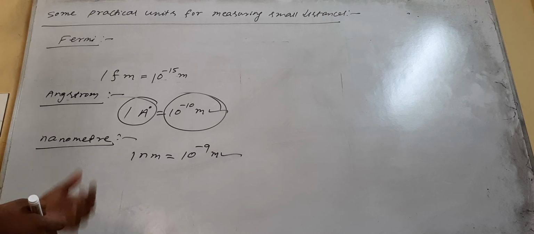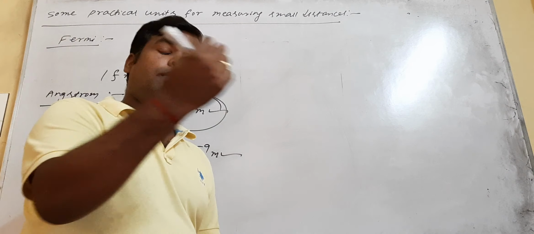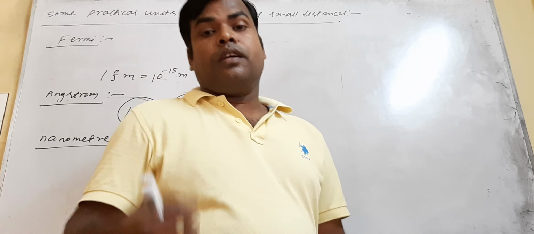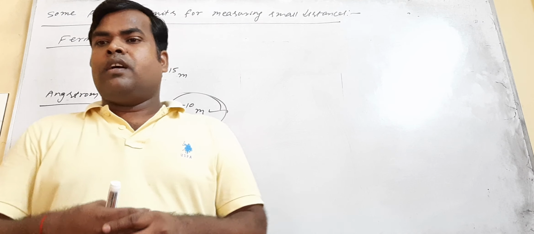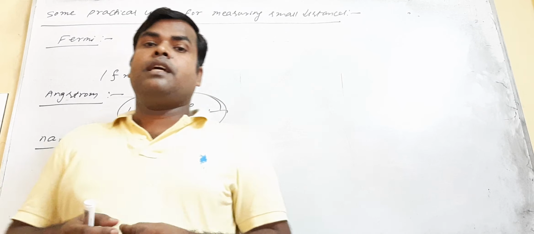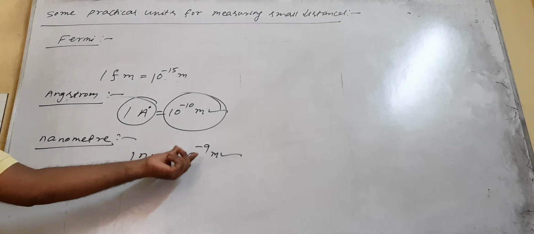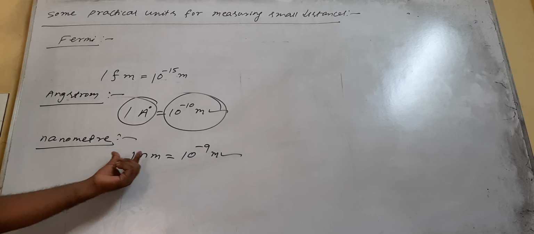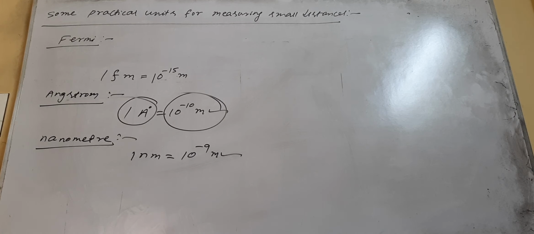It is used to measure the size of the particle. You have very small particles whose size falls in the order of 10 to the power minus 9 meter. It is easy to say nanometer than to say 10 to the power minus 9 meter. Also it is used to measure the wavelength.